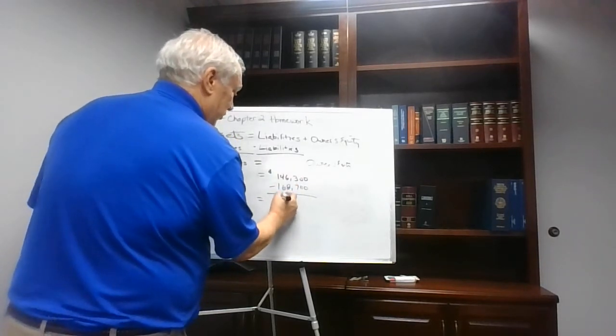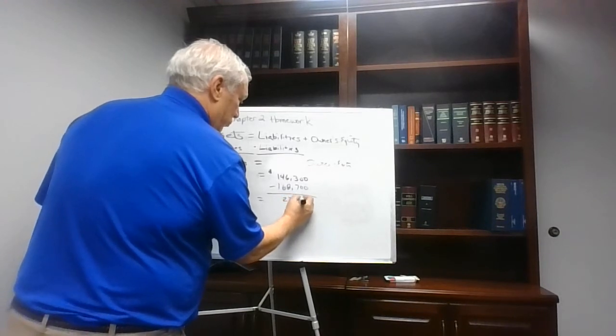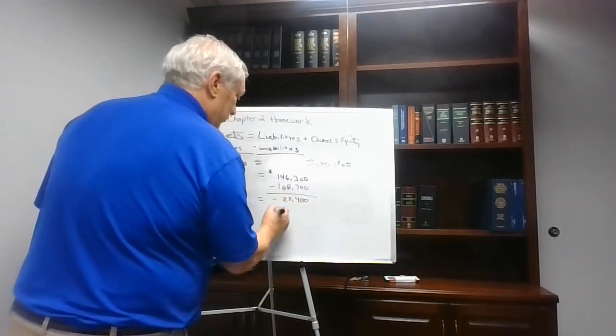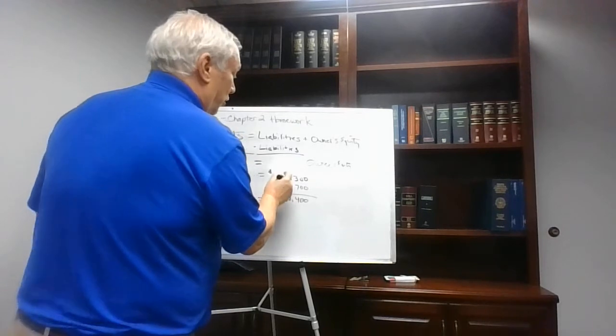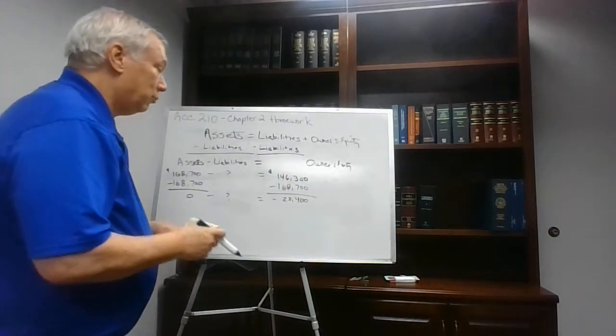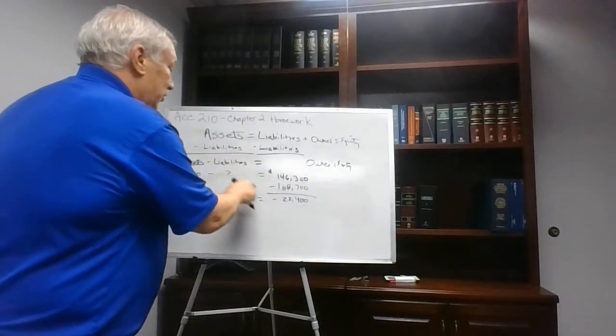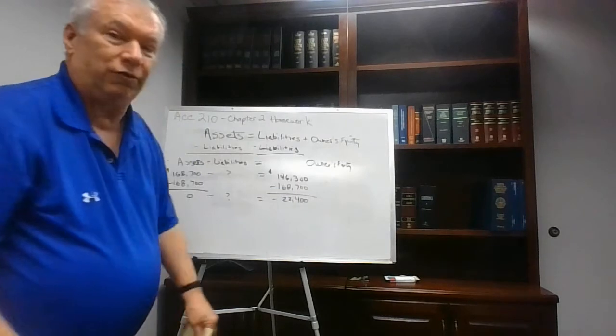When you do the math, this is negative 22,400, because it's one number minus a bigger number. Well, hey, how about that? So liabilities must be negative 22,400.